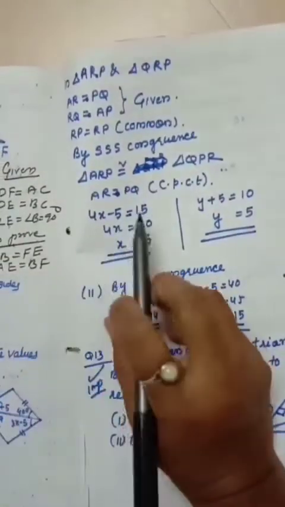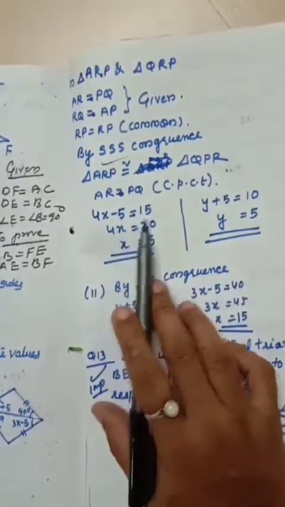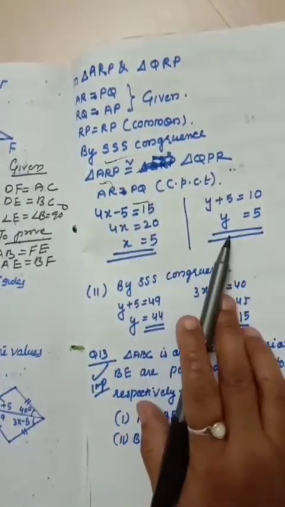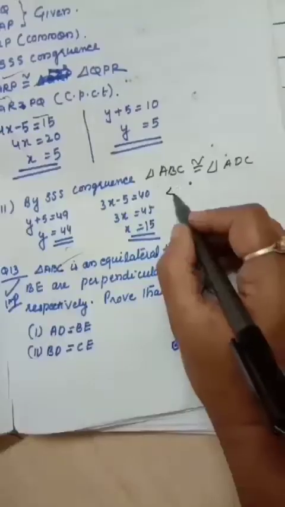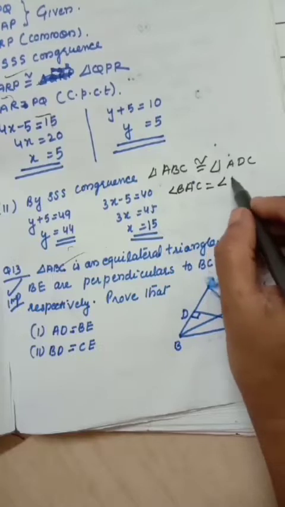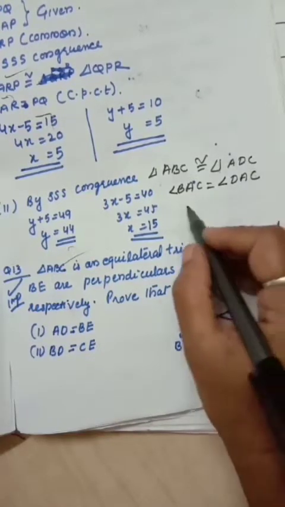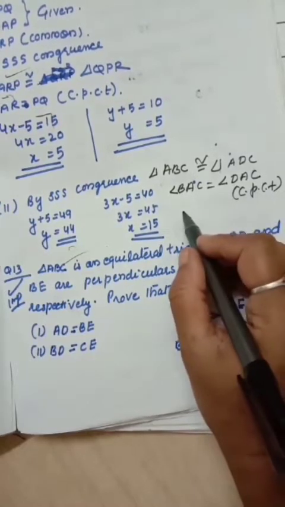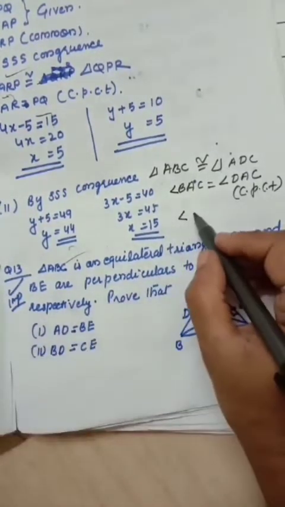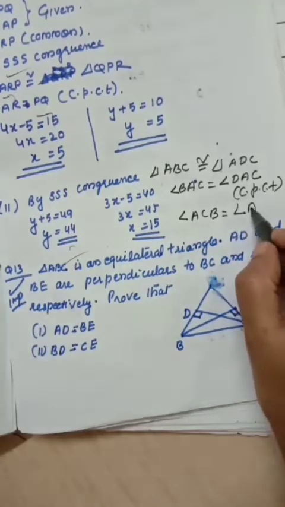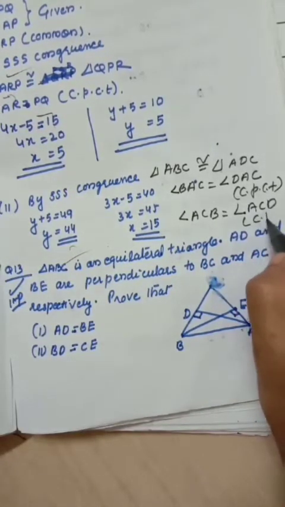First you have to prove the congruency by SSS congruence. So, corresponding sides you can equate. Angle BAC equal to angle DAC, CPCT. Here also angle C, that means ACB equal to ACD, that also CPCT.